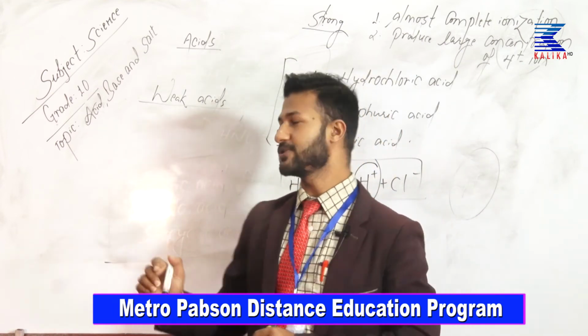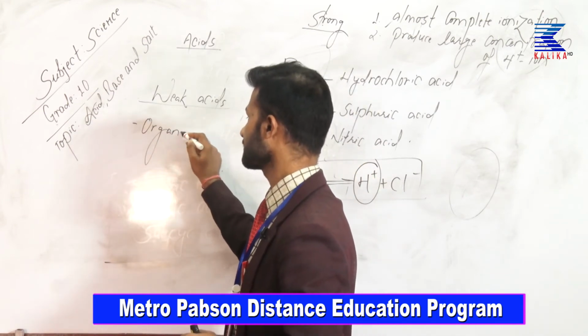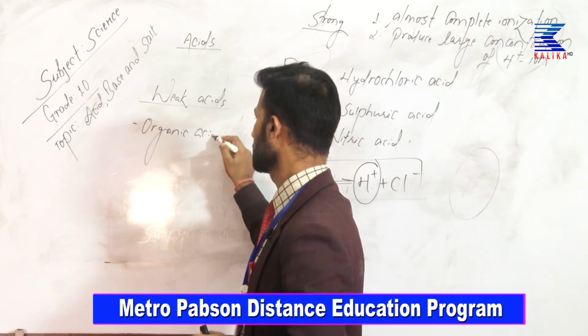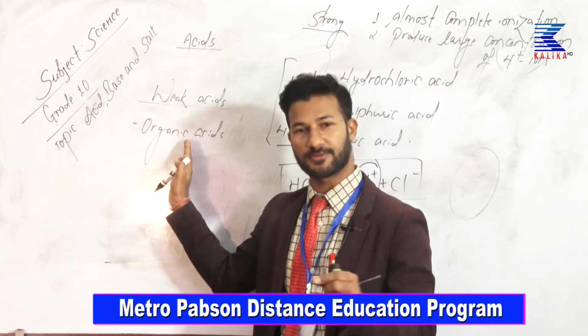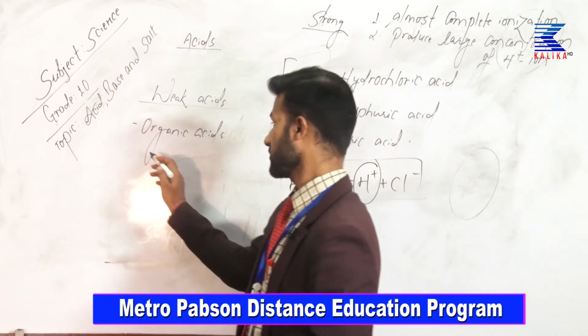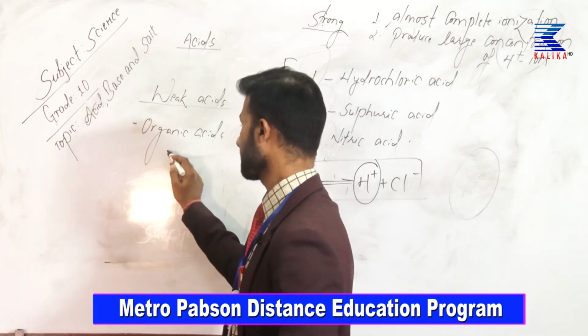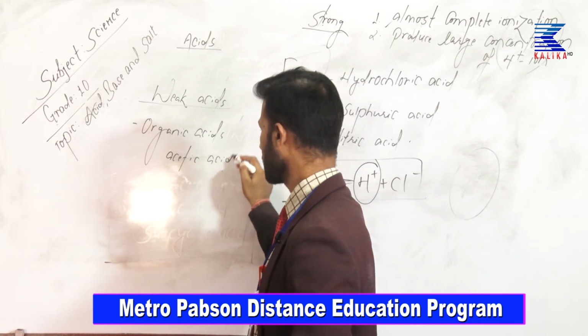And let me mention to you, most of the organic acids are weak acids. Most of the organic acids are weak in nature because they produce less concentration of hydrogen ion in aqueous solution. So examples: acetic acid is one of the weak acids.